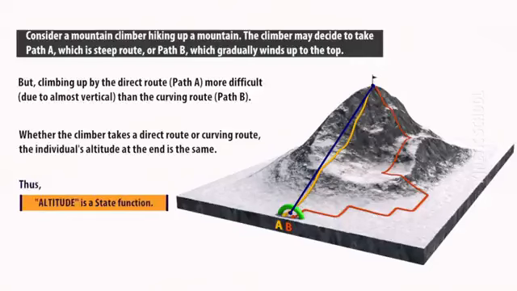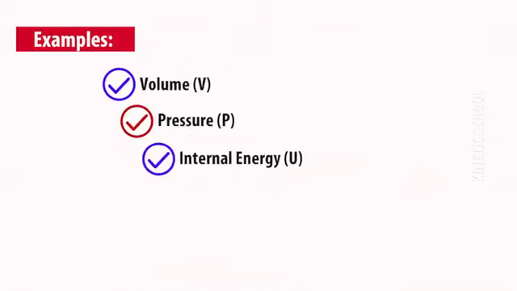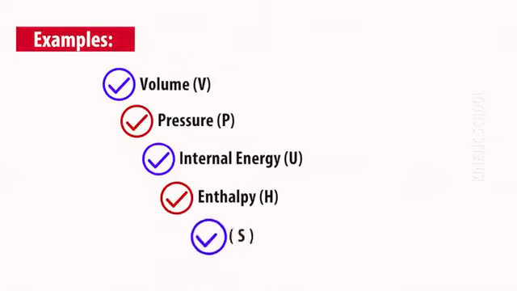Thus, altitude is a state function because it depends only on the final destination, not how the climber got to that altitude. Similarly, volume, pressure, internal energy, enthalpy, and entropy are state functions.